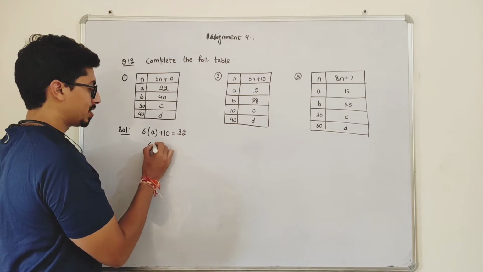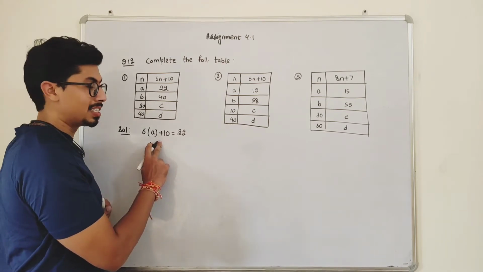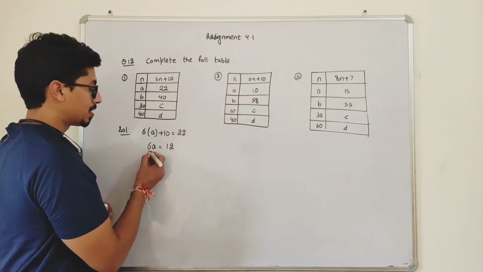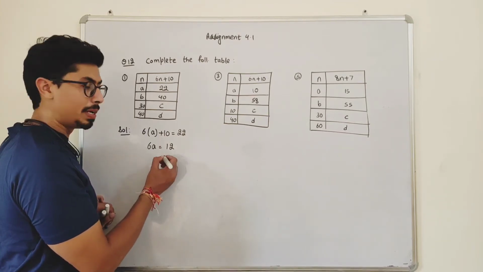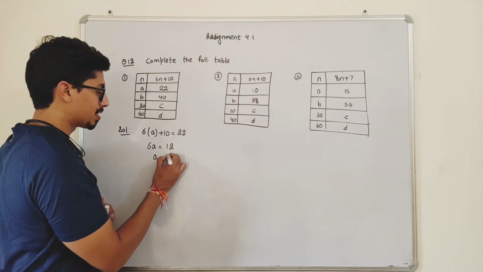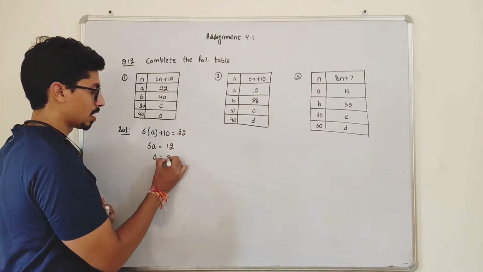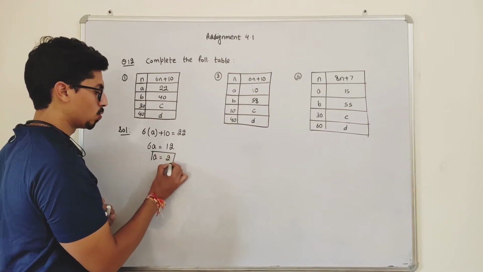Therefore 6a is equal to 12, if I take this 10 and subtract. 6 is a multiplication and when it goes here, it will be division. So the value of a is 2, because 12 divided by 6 is 2.